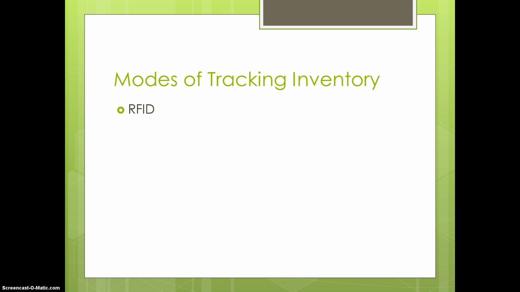Another newer form of inventory tracking is RFID. With this system, you'll have radio frequency tags on your products and a computer with software set up so that you can simply push a button and it will scan your entire warehouse, taking note of any new inventory, any inventory that has been used, and also if inventory has been moved from one section of your warehouse to another.